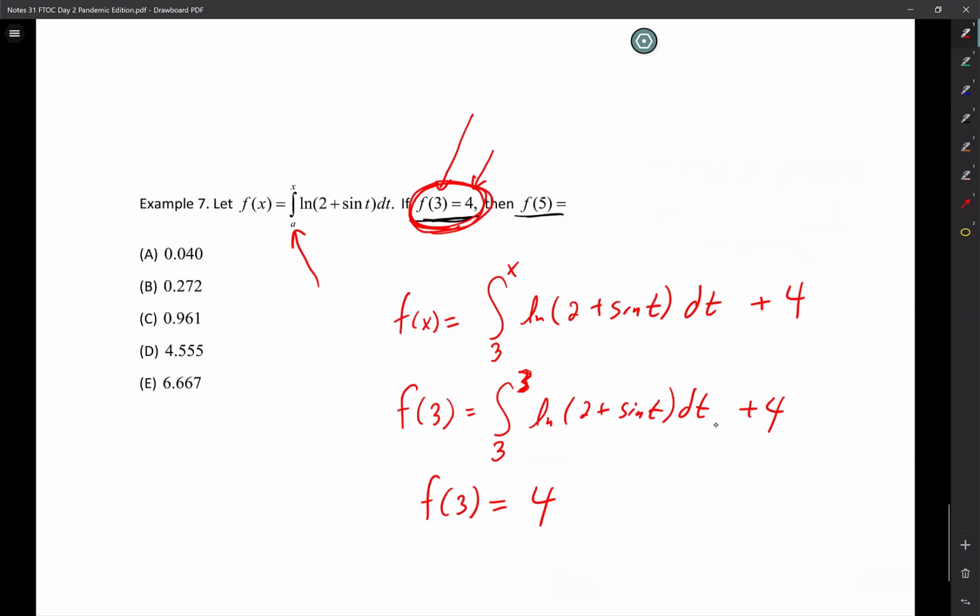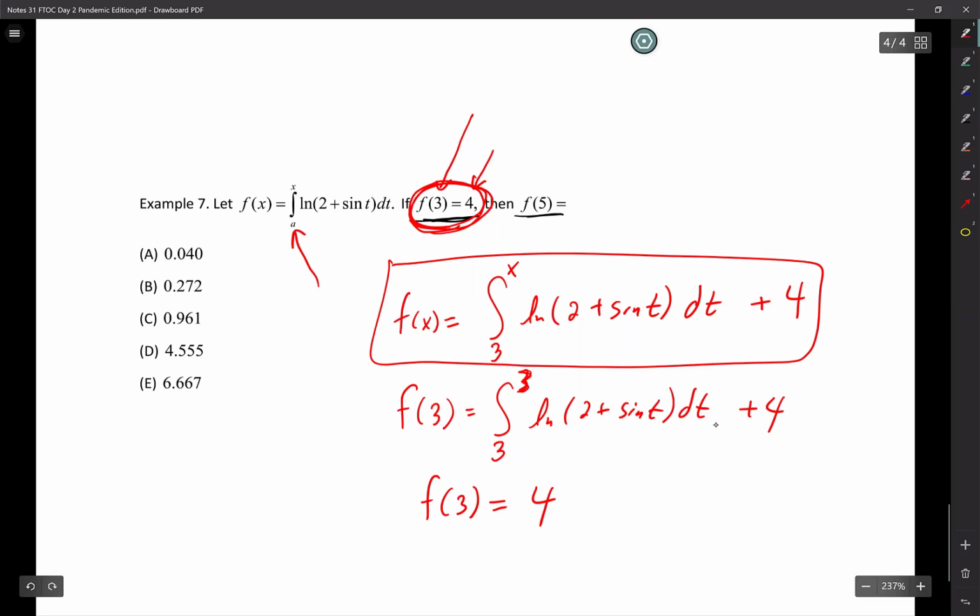Perfect. So Godina said it perfectly. She said the function must equal 4 when x is 3. This function will give me all values for any x.